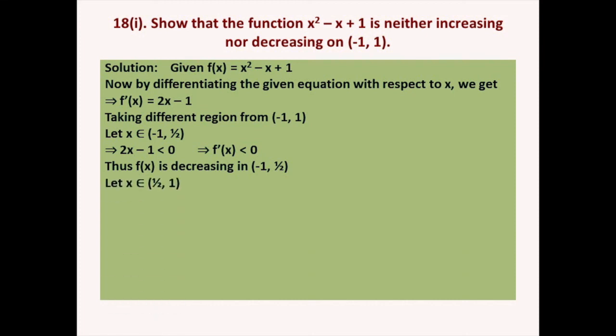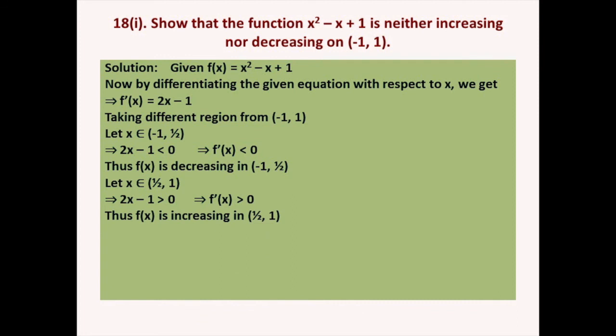Now similarly, let's take the other side of it. Let x belong to, this time, half to 1. When I say let x belong to half to 1, this time now 2x minus 1 will be greater than 0, which implies f dash x is going to be greater than 0. Now the condition for increasing has been satisfied.